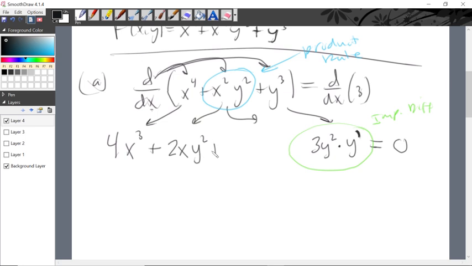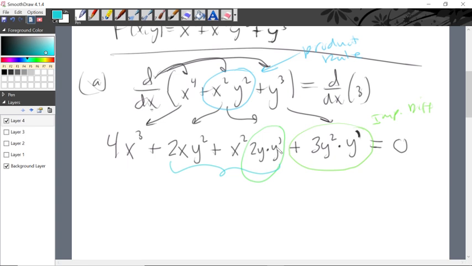Right? Then we add. Now I'm going to leave x squared alone, and now take the derivative of y squared with respect to x. The derivative of y squared with respect to x is 2y times y prime. And I'll put a plus sign here between the terms. So there is our implicit differentiation right there. It was within the product rule.